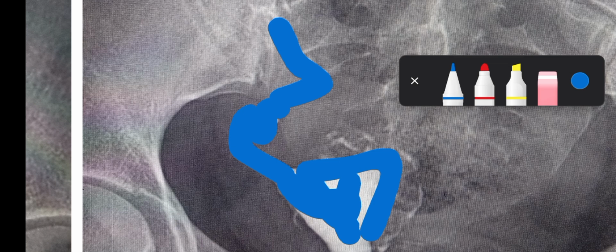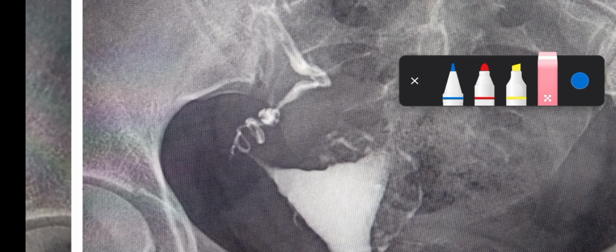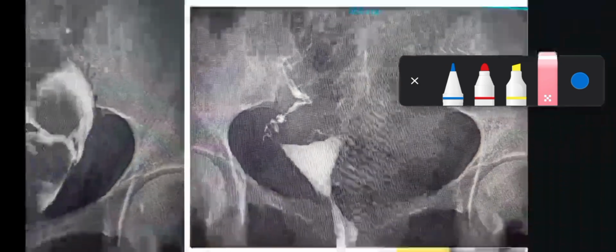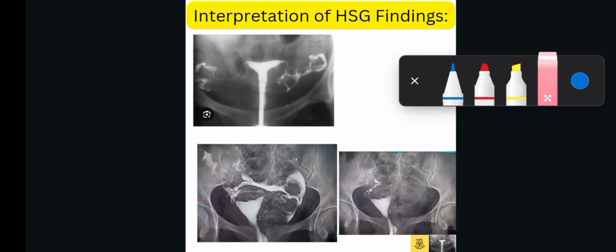We also see this tiny structure here, which could be, and came out of here, which could be the left tube. We're equally not convinced that this tube is in normal condition. These are cases that can be encountered in HSG examination.